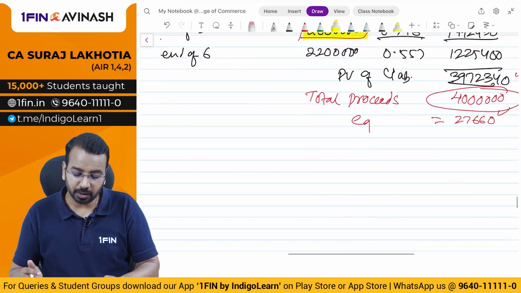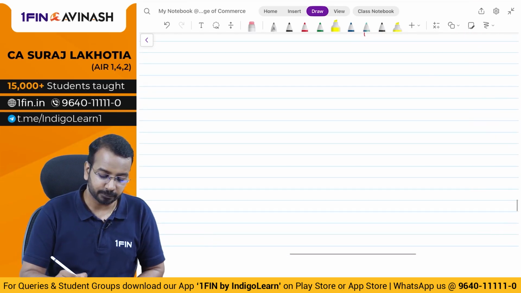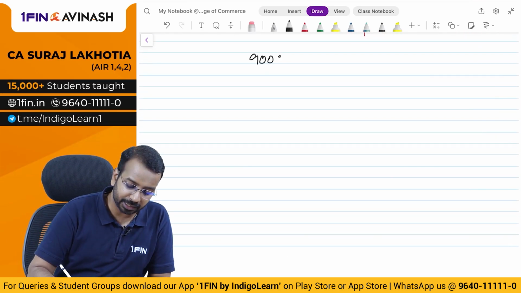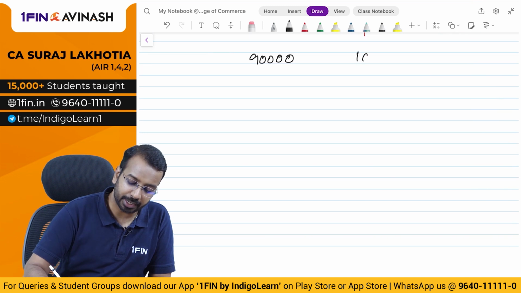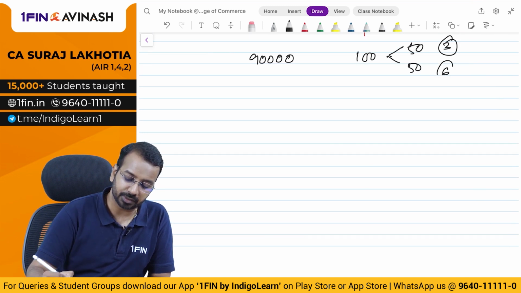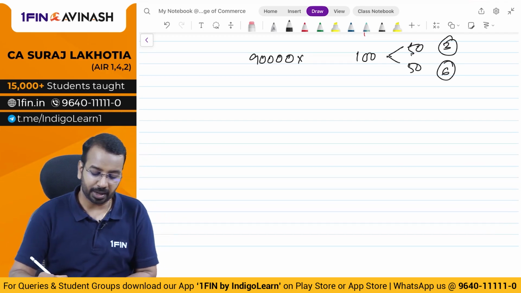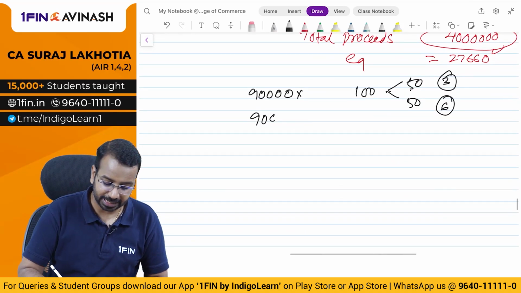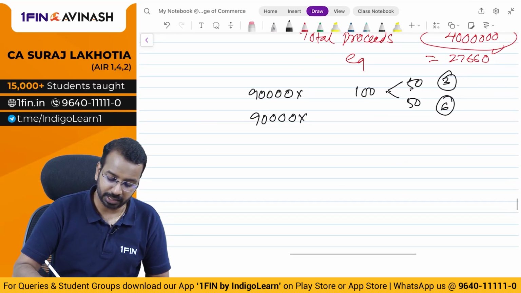Okay. Now another way to work this out, especially the interest part, 90,000. So there are two parts, no? Of 100 you have 50 and 50. This is outstanding for 3 years, this is outstanding for 6 years. So on the first 90,000 you will apply 5.076 as the present value factor. On the second 90,000 you will apply the 12-year factor.